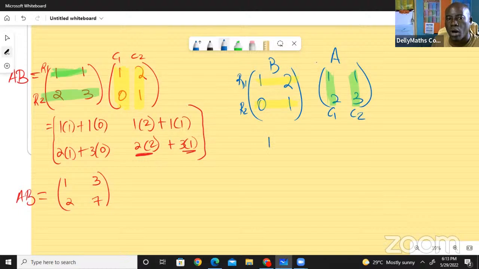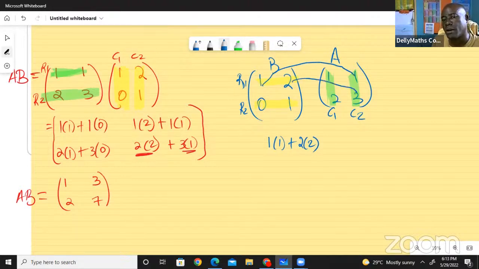Let's go. 1 times 1 plus 2 times 2. So I just did 1 times 1 plus 2 times 2. All right, so that's the first one. The next thing that I'm going to do is 1 times 1 over there plus 2 times 3 there. So it's going to be 1 times 1 plus 2 times 3.